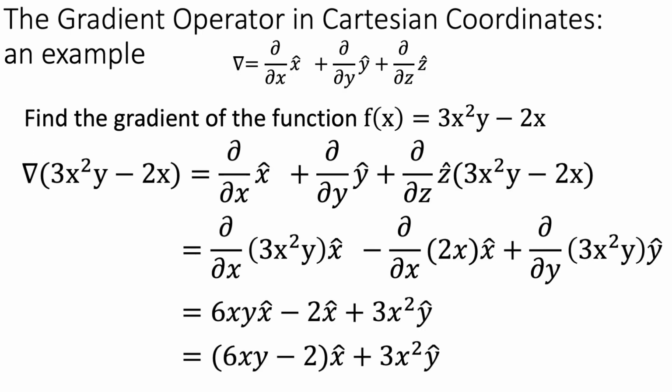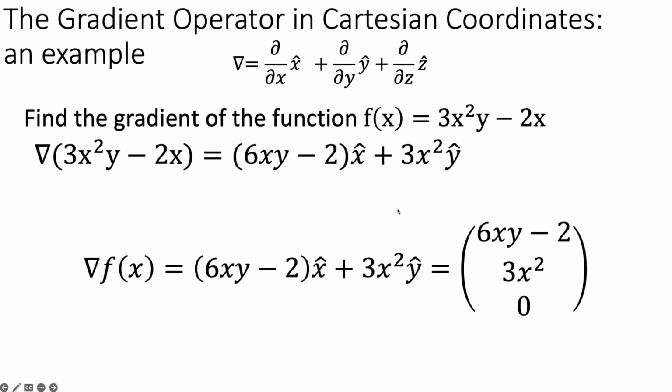So going back, we had this 6xy minus 2 times x hat and the 3x squared times y hat, and I want to write that as vectors now. The way I could do that is like this. Remember, this x hat is the vector (1, 0, 0), and this y hat is (0, 1, 0).